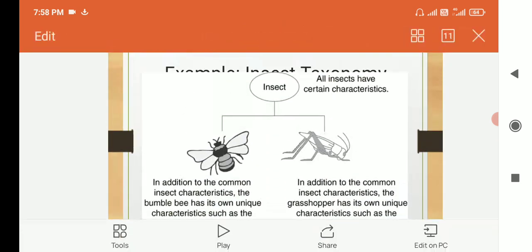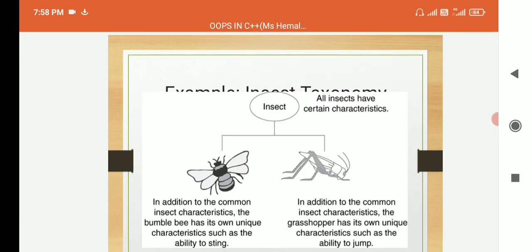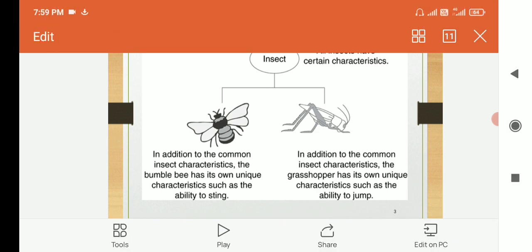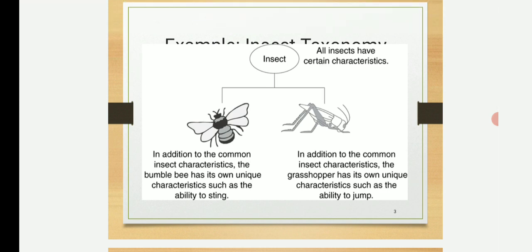Next one, here we have a diagram. Here we have common insects, right? This is a bumblebee, it has unique characteristics, which is used to sting.